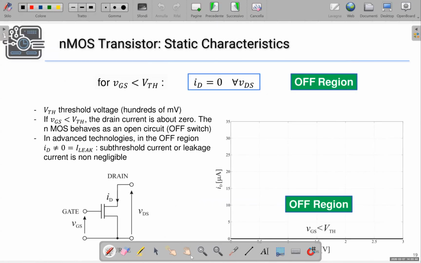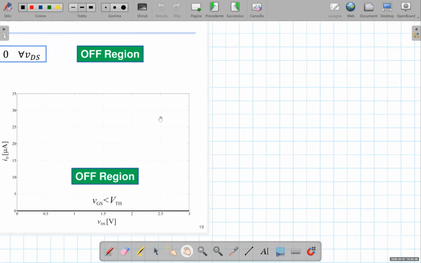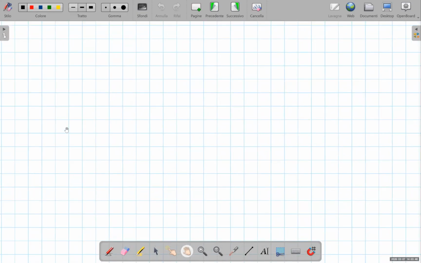Now let's discuss what happens at the drain port. Again, let's consider our N-type NMOS transistor.